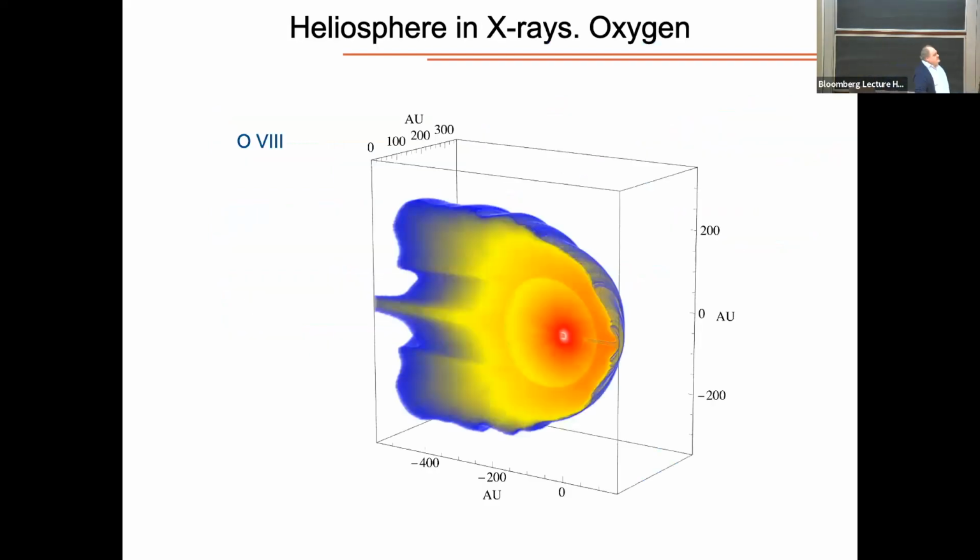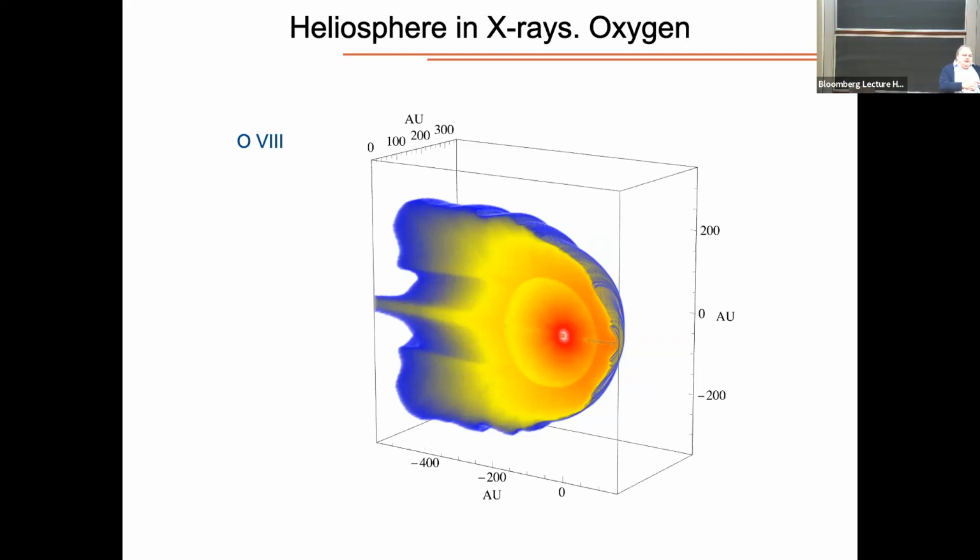So, pretty pictures. This is the O8 line. The O8 line is produced by an O7 plus ion being in an excited state and then going down. So I will be using both the ion species nomenclature and the line nomenclature, and they differ by one.